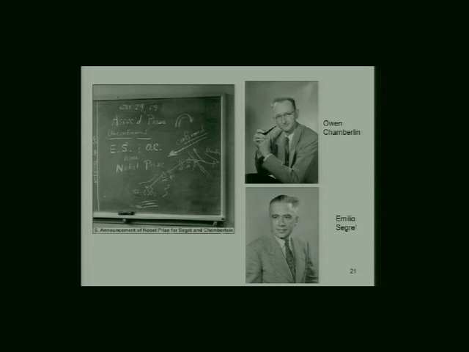What he and the folks at LBL did was to couple a low energy nuclear physics machine that could accelerate anything from hydrogen up to uranium to the Bevatron and accelerate uranium nuclei to GeV per nucleon energies. And they invented a whole new field of science called relativistic heavy ion physics. And for many, many years, that's what the Bevatron was used for.